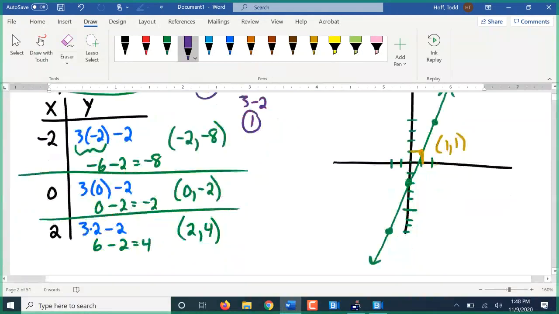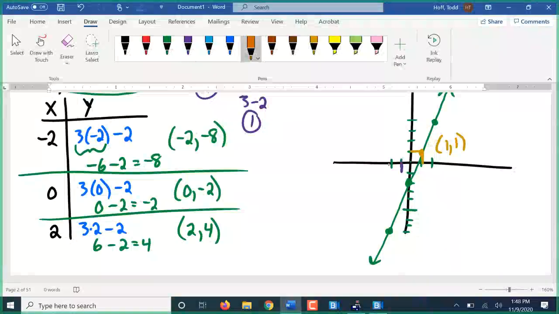Also, we could have just picked a value. Let's say we pick a value of x equals negative 1 here. I trace that down to the line here, and I trace it over, and I get y equals negative 5.